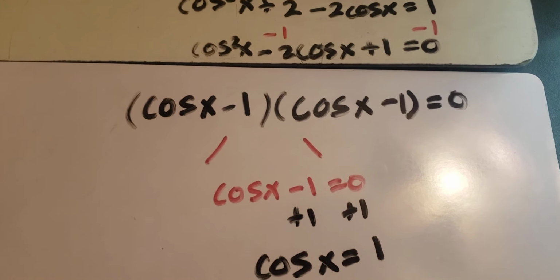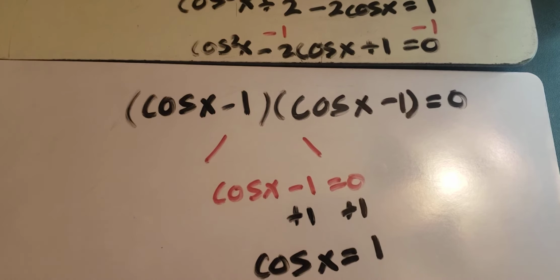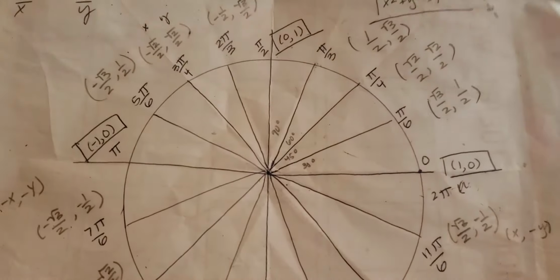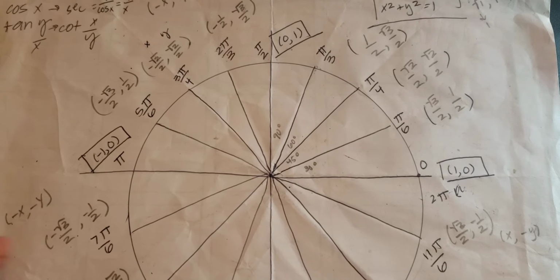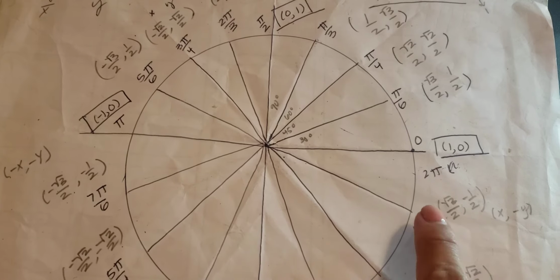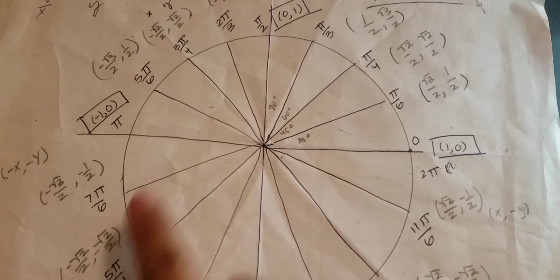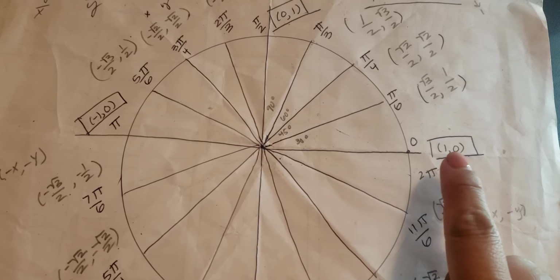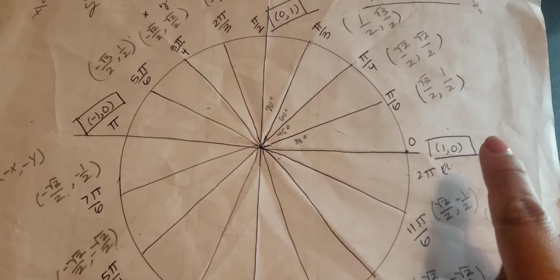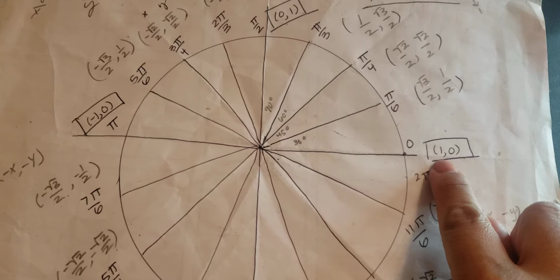Again, you can use your unit circle to look at that. If you look at your unit circle, when does cosine give you 1? It only occurs one time, and it occurs here at 0. So here's 1.